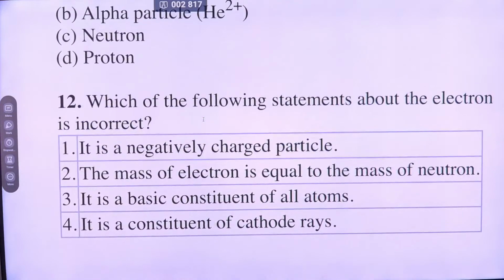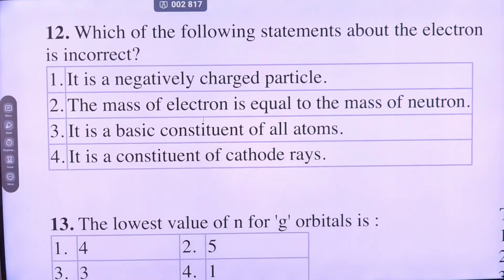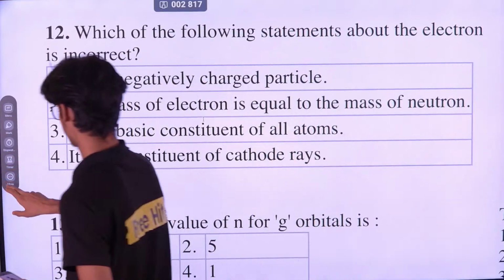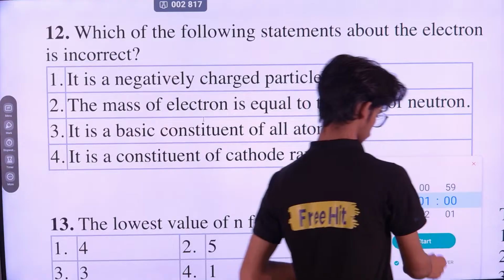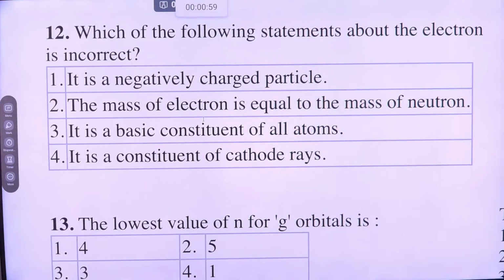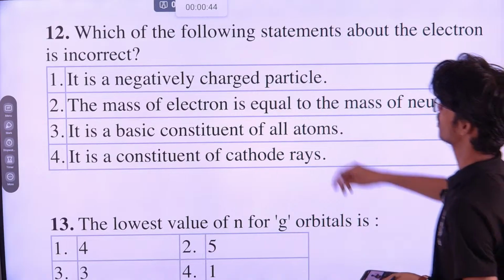Question number 12 is in front of you. Which of the following statements about the electron is incorrect? It is negatively charged. Yes. The mass of electron is equal to the mass of neutron. It's a very easy question, we don't need to give time for this.